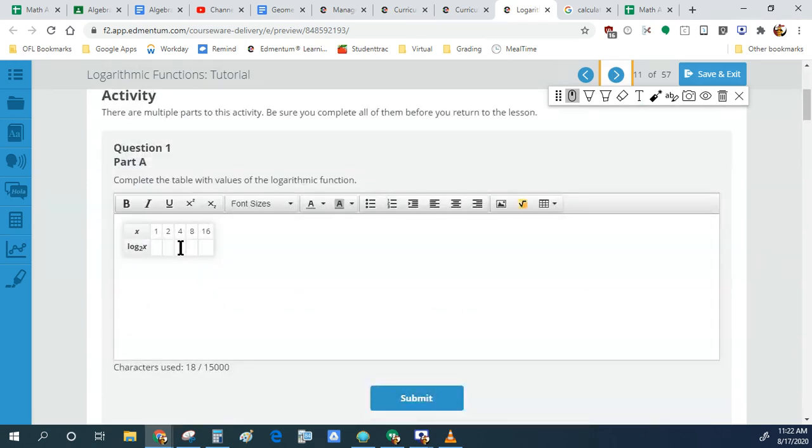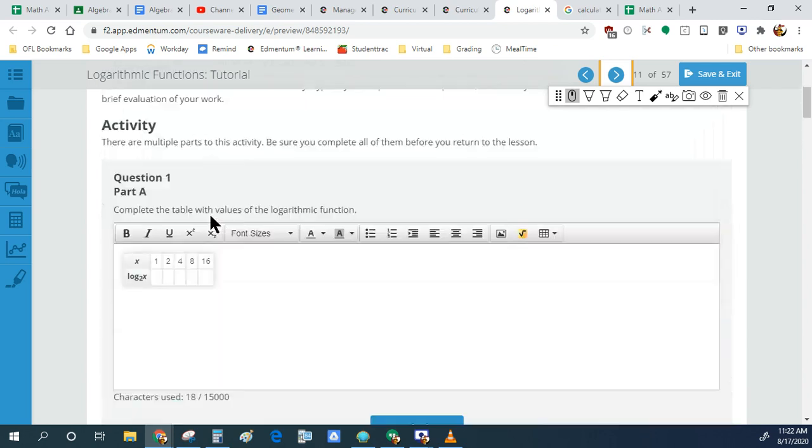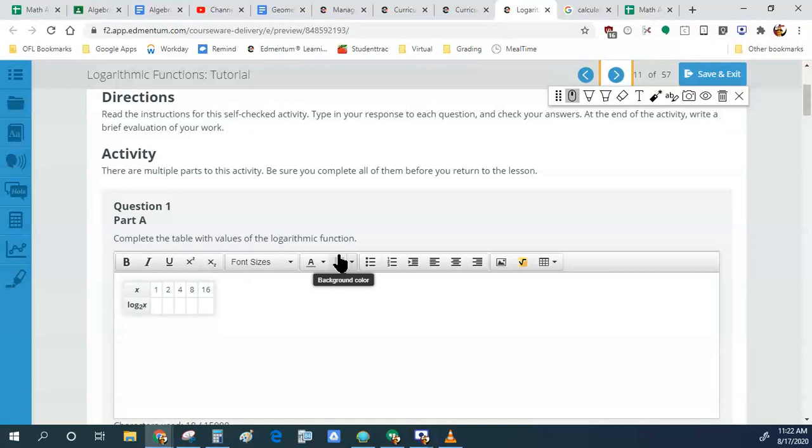So now they're going to ask us about graphing these. So the first thing we're going to do is log base 2 of 1. I don't know why they're asking you this without teaching you how to put it into a calculator first. But now that you guys know, we're going to do log of 1 divided by log of 2 because 2 is our base.